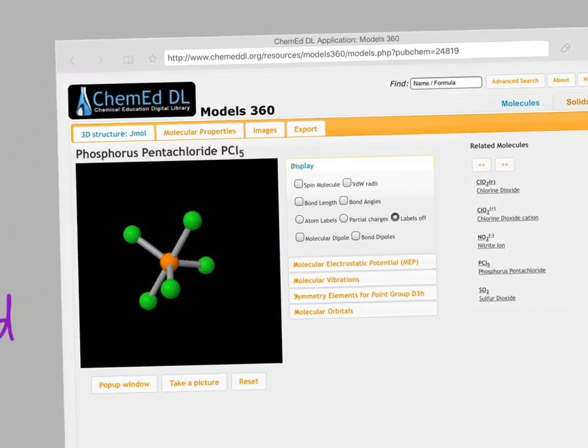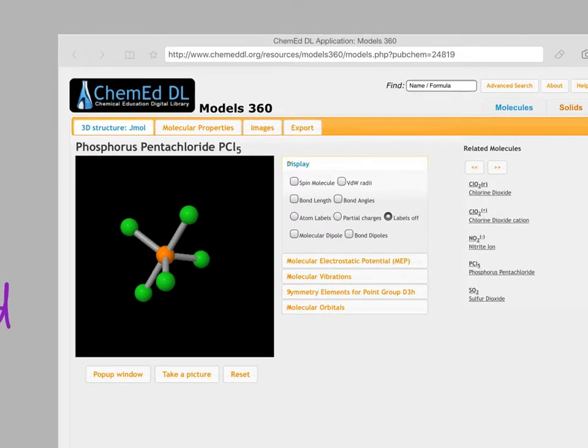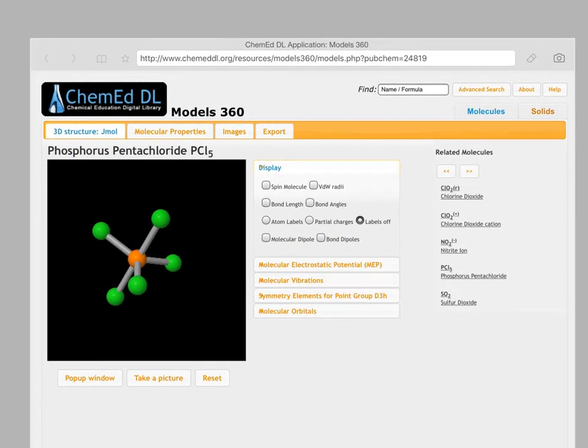All right. And if we look at it, there we go. So you can see the trigonal planar thing in the middle. It kind of looks like a toy jack, right? Jacks.